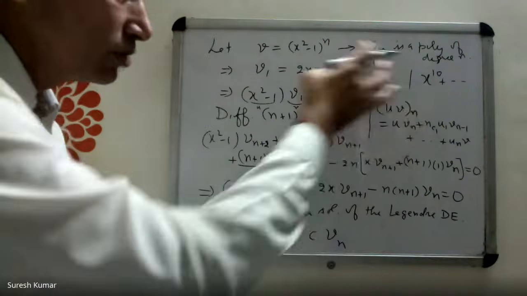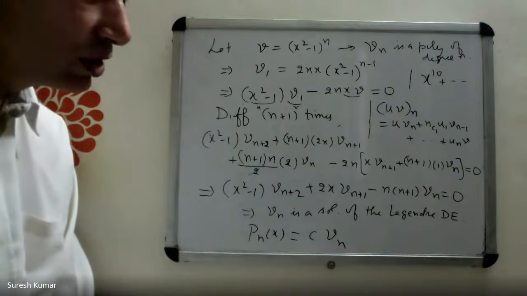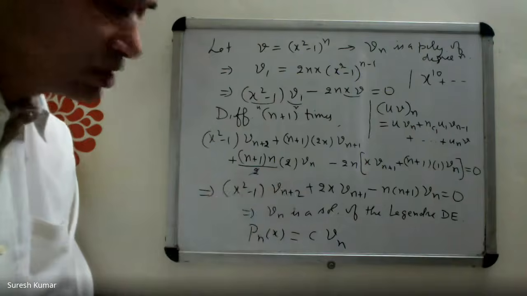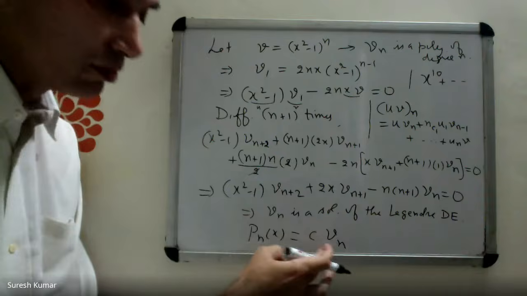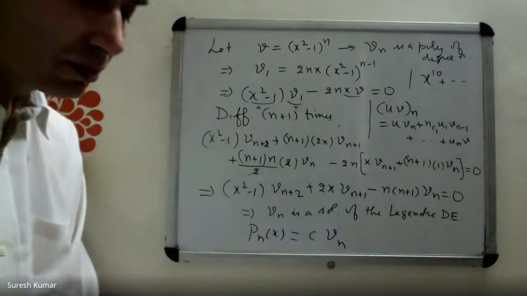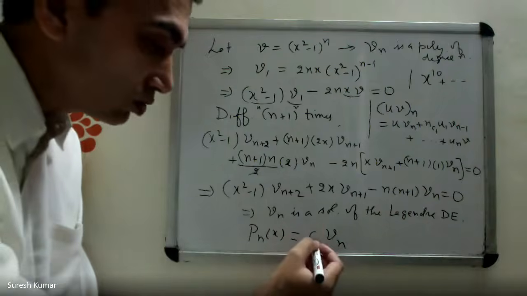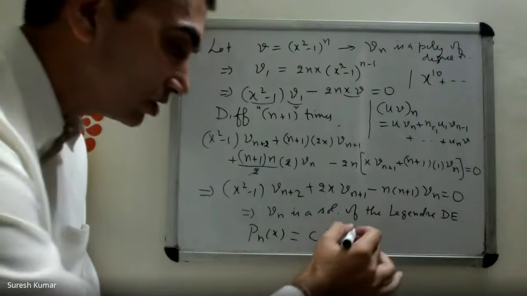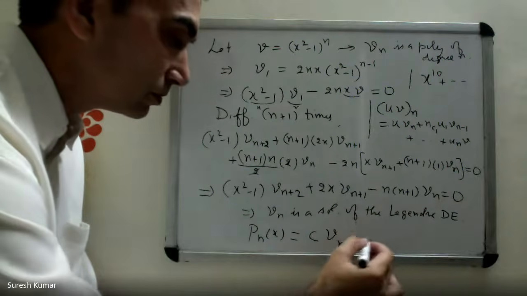It is clearly a polynomial of degree n. Pₙ(x) we already know is a polynomial of degree n and satisfies the Legendre differential equation. So these two polynomials must be the same, except there may be a difference of a constant. So let's assume that constant is c. We will find this constant because we know a property.